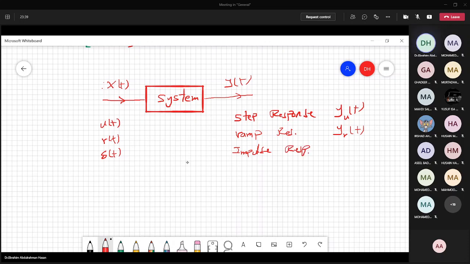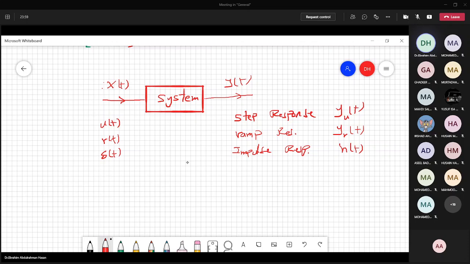But for the impulse response, we use h of t. We don't write y delta t, it is h of t. Is there really a relation between these three? Yes, same as this one.